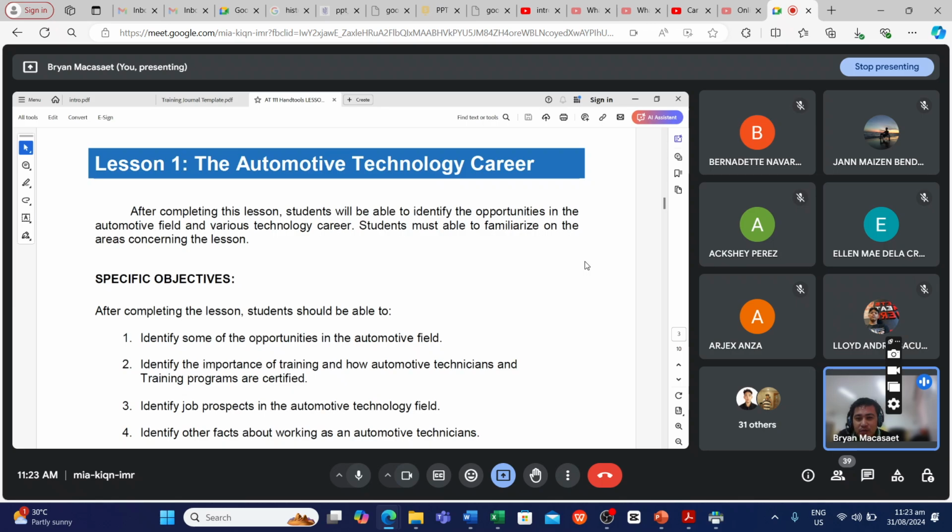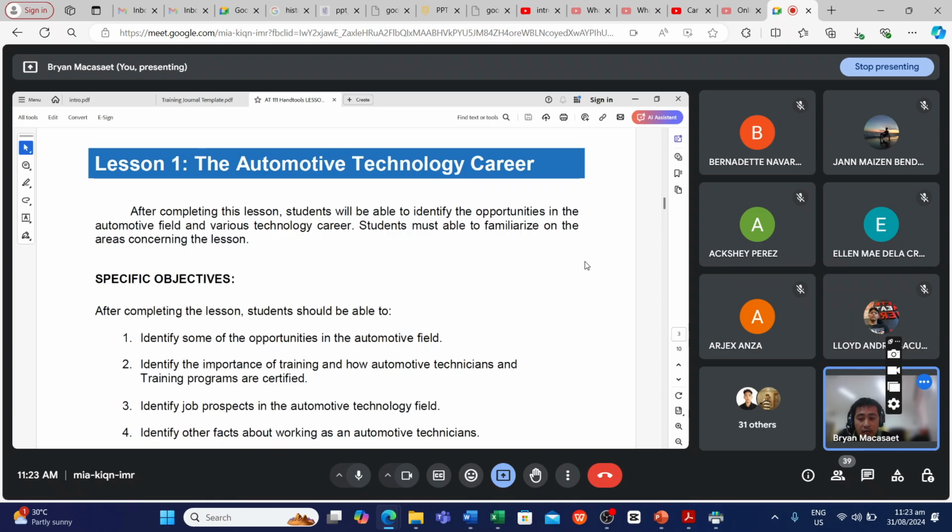In lesson number 2, the Automotive Technology Career, students must be able to identify the opportunities in the automotive field and various technology careers. So you must be able to familiarize with areas concerning the lessons. So ang ating specific objectives for this, after completing the lessons, you should be able to: number 1, identify some of the opportunities in the automotive field.